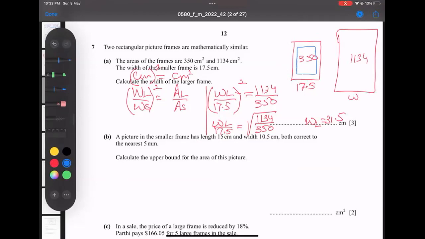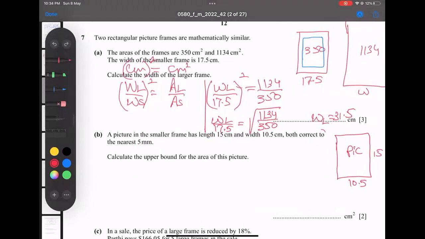The picture length is given as 15, and the width is 10.5, and both are correct to the nearest 5 millimeters.